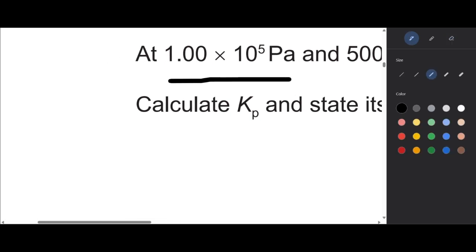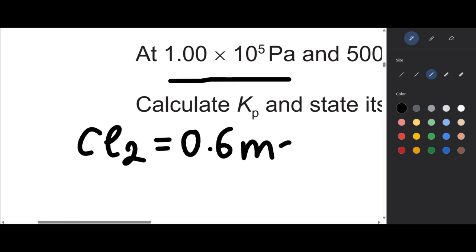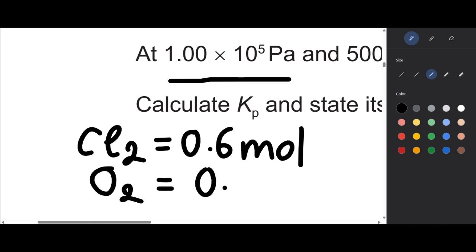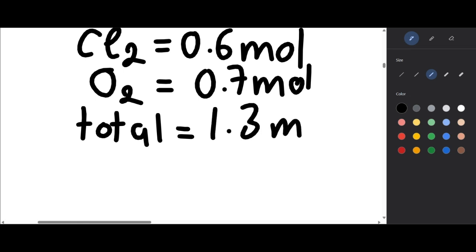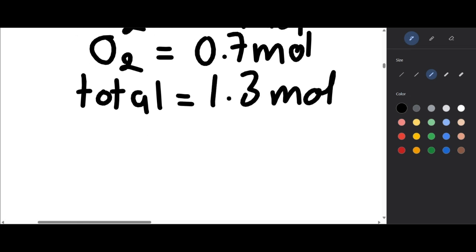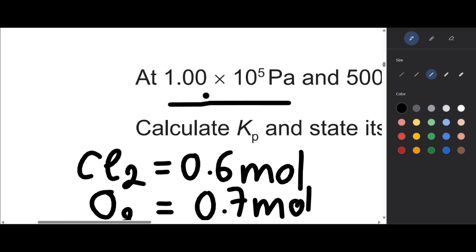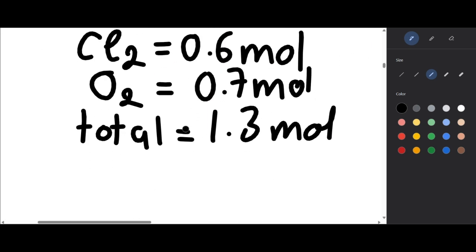Cl2 is 0.6 mole and O2 is 0.7 mole. The total of the mole is 0.6 plus 0.7 is 1.3 mole. The total pressure is given as 1.00 times 10 to the power of 5.